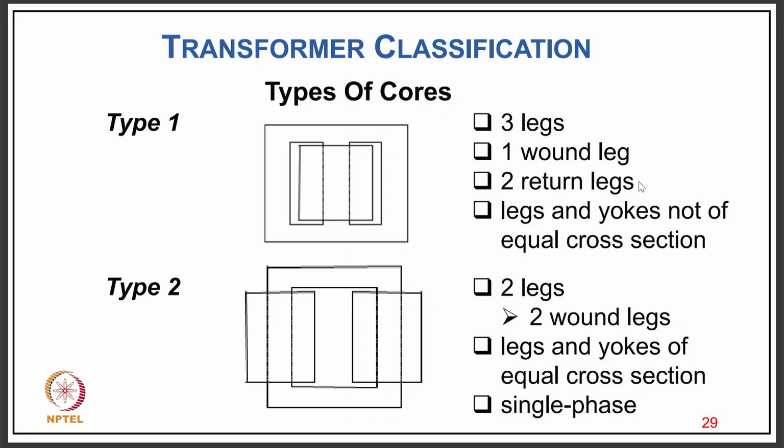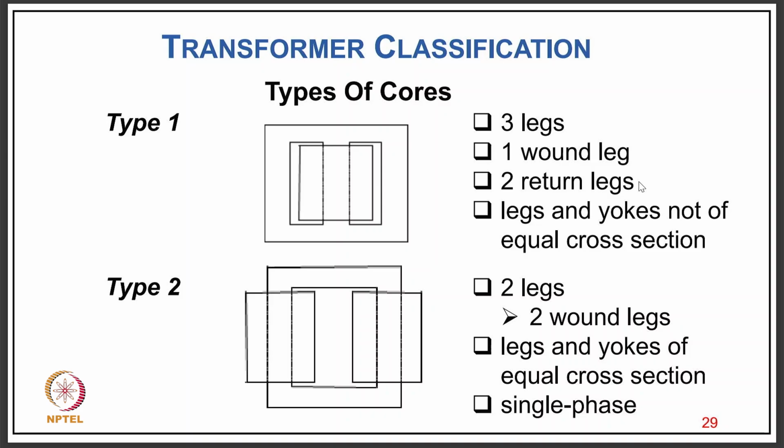If you look into the types of single phase transformer, here you have the shell type of transformer, with 3 legs, one wound and 2 return legs. The legs and yokes are not of equal construction because of the different flux density you can maintain, but the flux will of course be half in the yoke as well as the side limb.